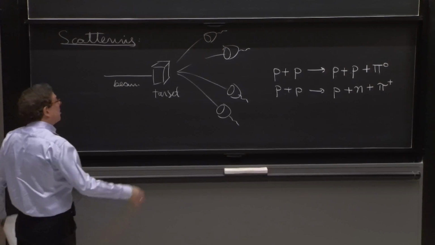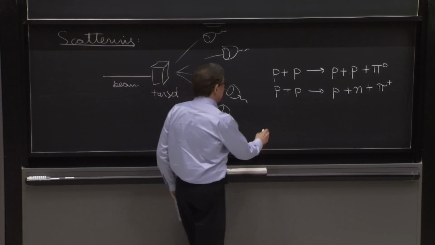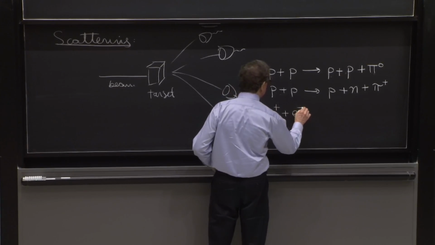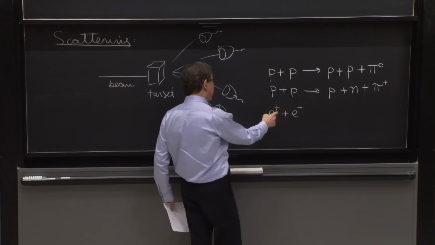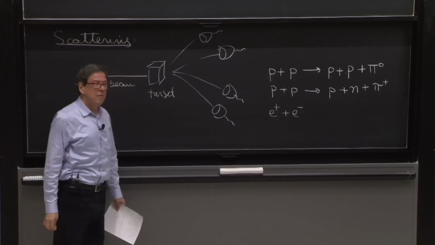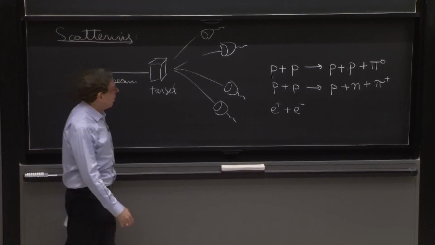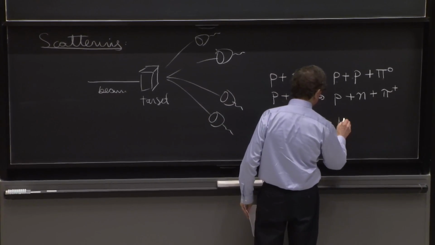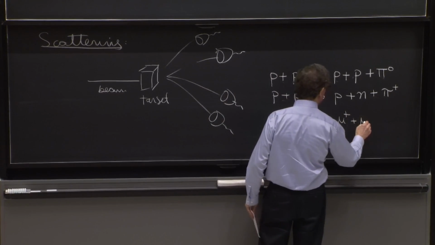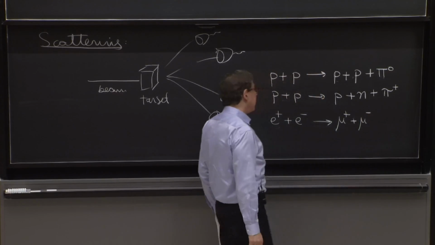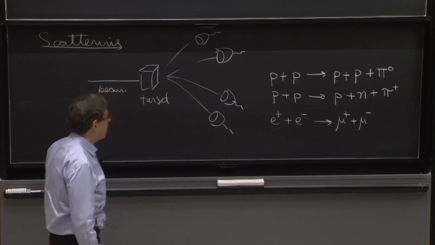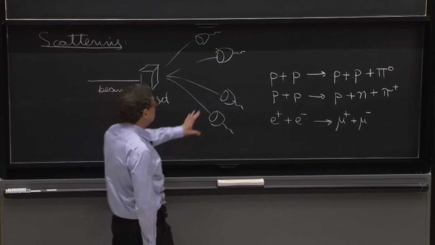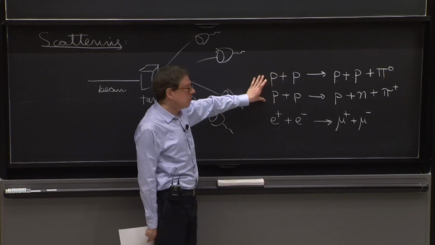The particles can completely change identity. You can have an electron and a positron colliding. So that's the electron. This is the positron, the antiparticle of the electron, equal mass, oppositely charged. And then they can go into a mu plus and a mu minus. These are charged leptons, again, just like the electron are called leptons, as opposed to these particles here that are called hadrons.